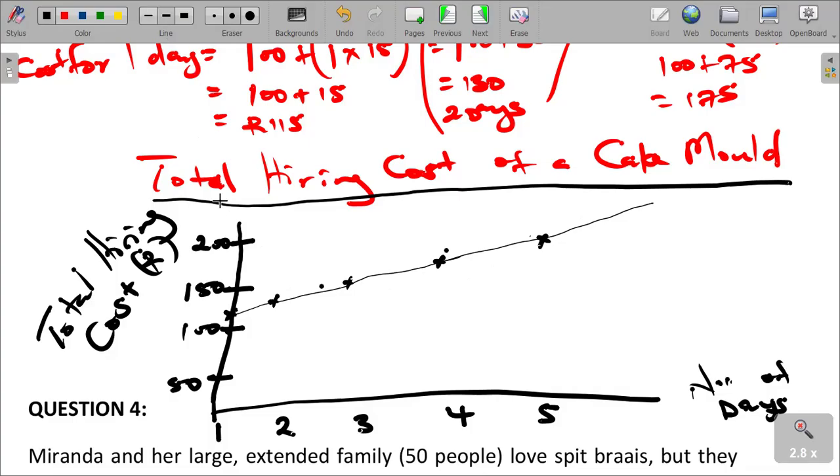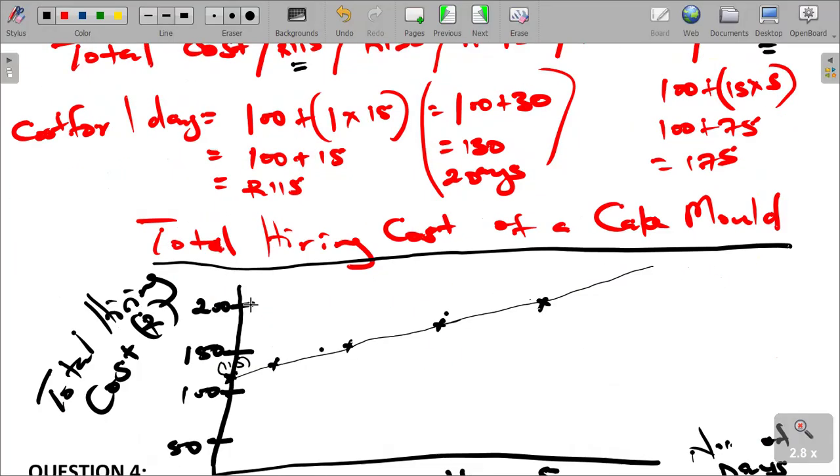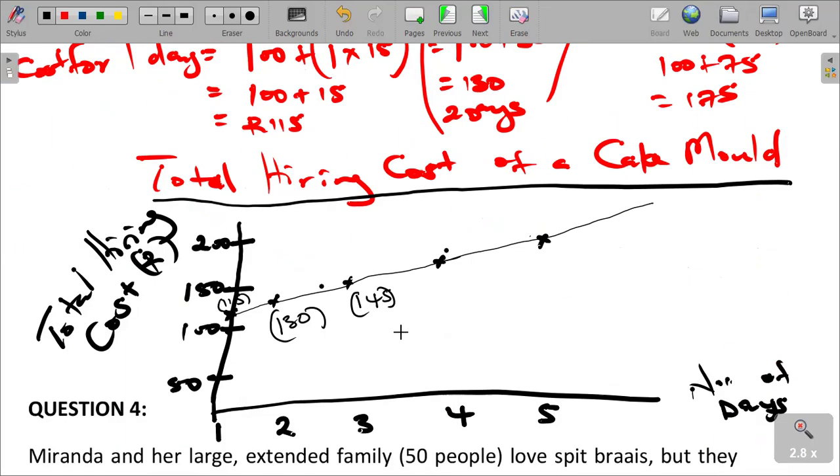So I have the amounts: 115 on day one, 130 on day two, 145, 160, and then 175.